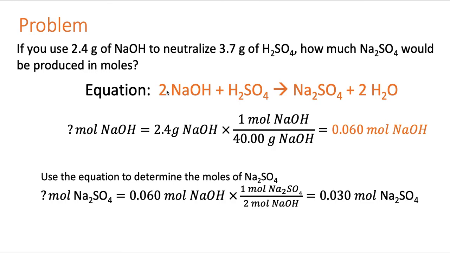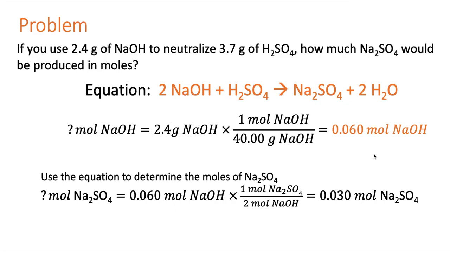So I can use the equation up here, which shows that for every 2 moles of NaOH, I make 1 mole of Na2SO4. So how many moles of sodium sulfate will I get if all of my NaOH reacts?